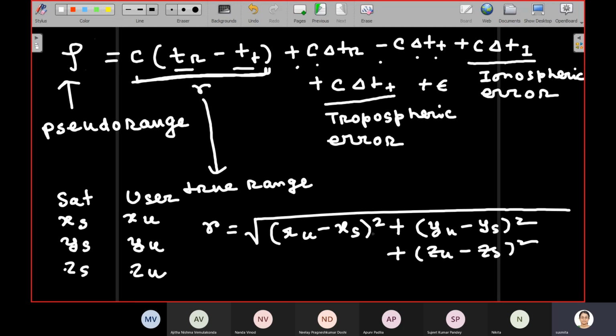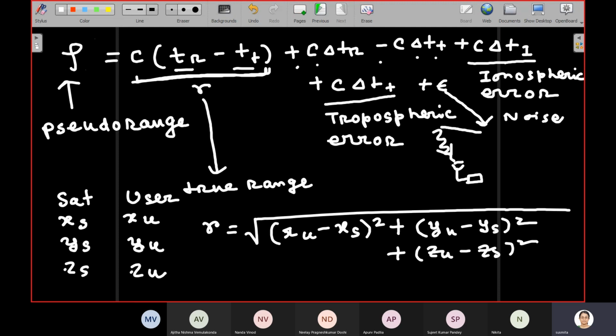Now in epsilon, I already mentioned that while making measurements, some error gets added, which we call noise. In addition to noise, there could be another type of error in epsilon. What is that? When we receive signals from a satellite, it can come directly from the satellite, which we call the direct line of sight signal.